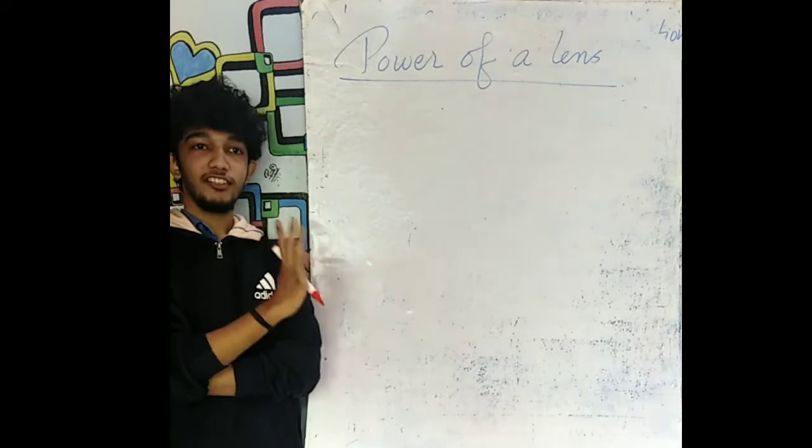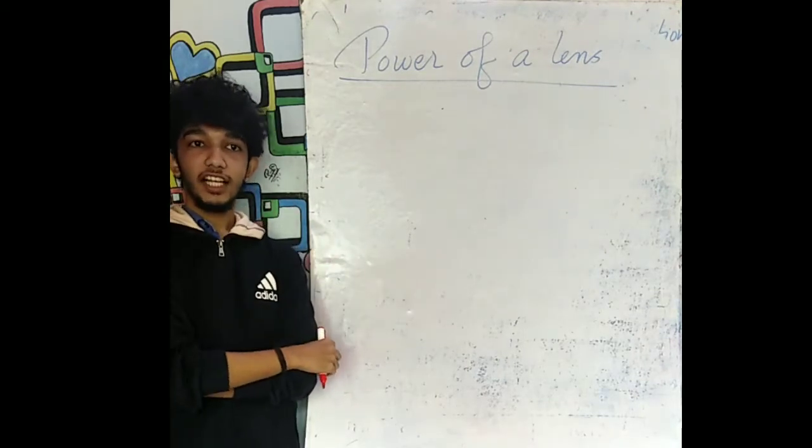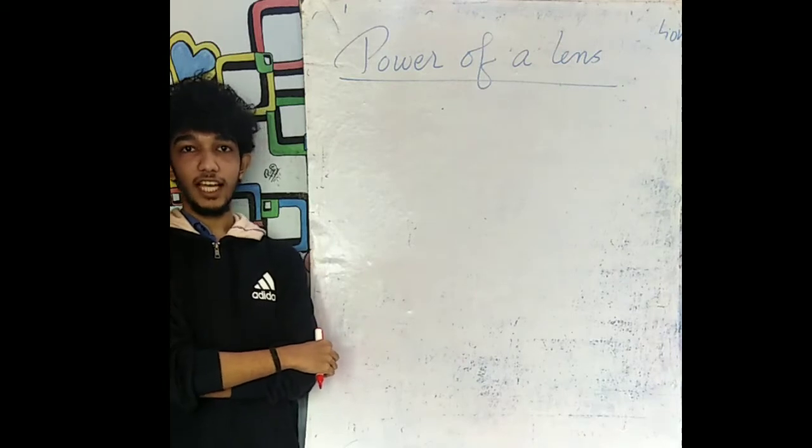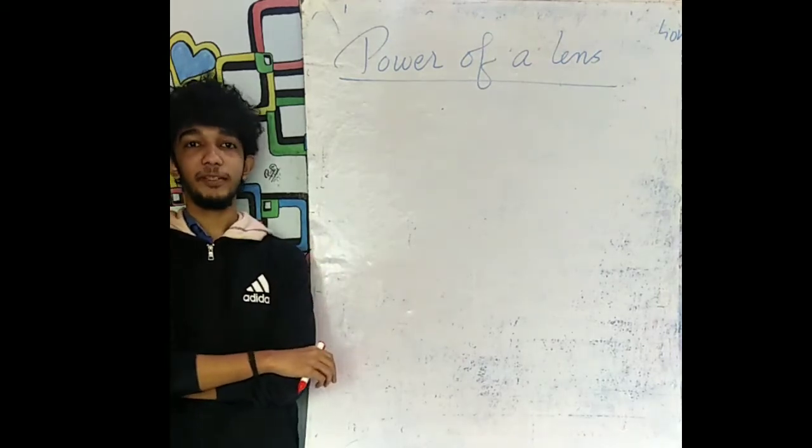What is power? Power is the energy by time, or the work done divided by time. Last year we learnt that equation. But here the power of a lens is something different.